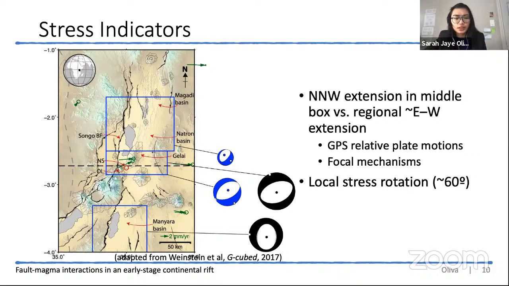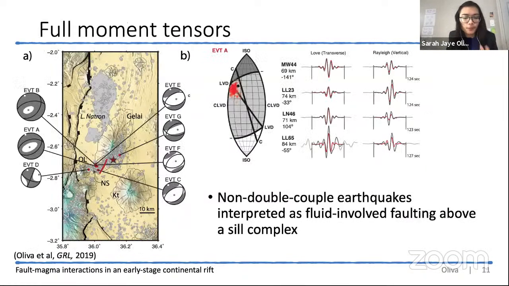So first, let's zoom in and consider some of the earthquakes that occurred here in this middle box to look further into this phenomenon. Okay, so again, here's Oldonyo Lengai and here's Gelai, and we're looking at earthquakes happening roughly between Oldonyo Lengai and Gelai.